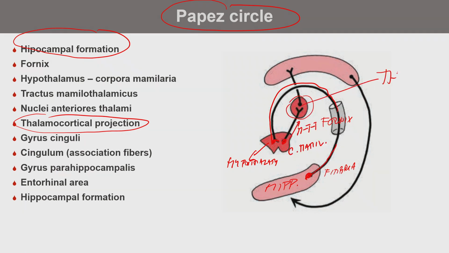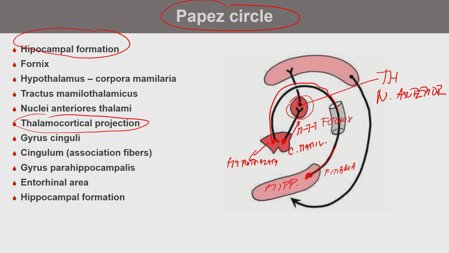This is the thalamus, nucleus anterior. You have heard that it is a part of the limbic system, the anterior pole of the thalamus.